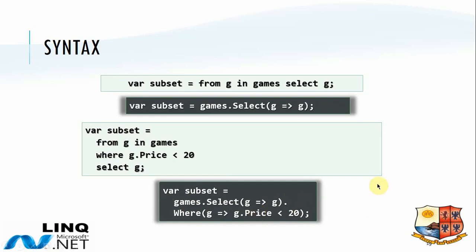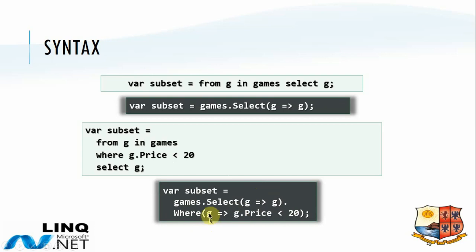Let me just leave it there for a minute. It is an extension of methods. Games is the collection, dot select, dot where. Methods are being added to that continuously, and within the brackets you're passing a lambda expression. Here I've just said select everything. Where, in that where, you have a condition on that G. By the way, here G becomes the range variable.